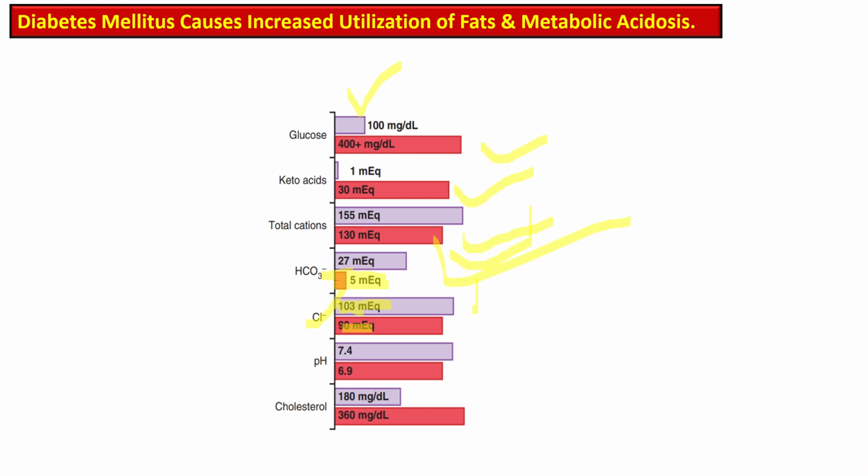The pH is normal, about 7.4, but in severe diabetic ketoacidosis it goes below 7. Then cholesterol, the normal level of cholesterol is 180 milligrams per deciliter. In the diabetic condition, this level may double. So hypercholesterolemia is due to excessive fat breakdown.